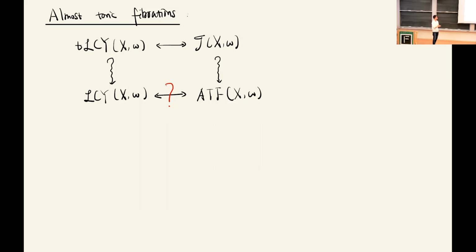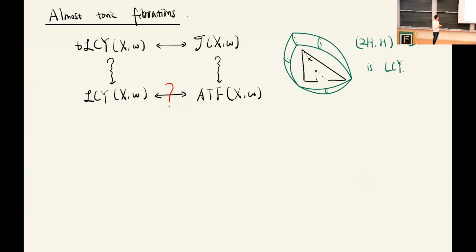And the answer is yes. We can think of toric actions as, not the action, but just the moment map, which is a torus fibration. And now we can think of almost toric fibrations as a generalization of this. And there's actually some relation between general log Calabi-Yau divisors and almost toric fibrations.